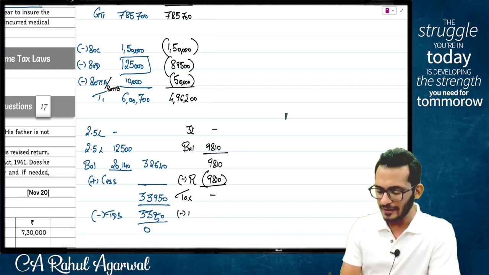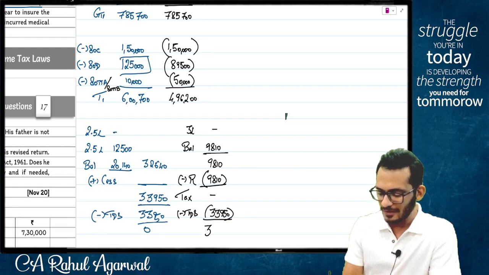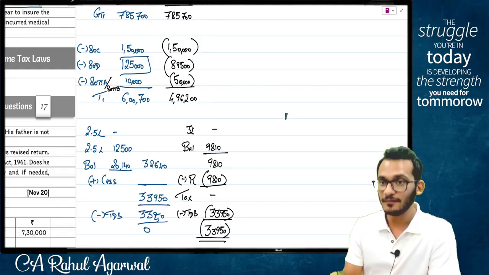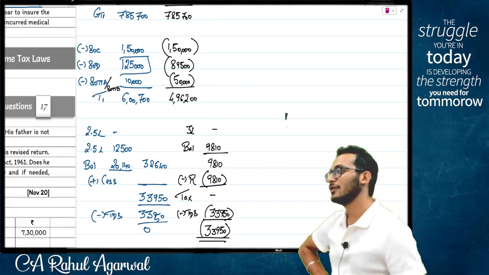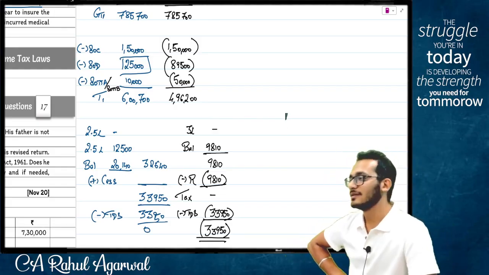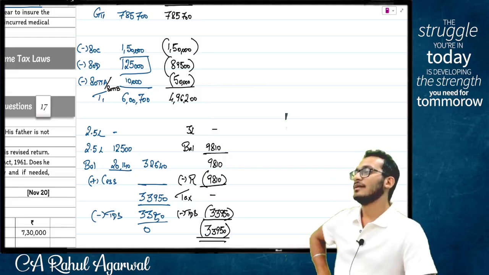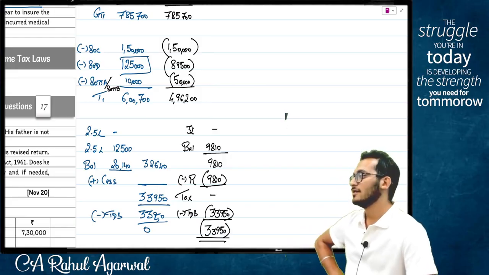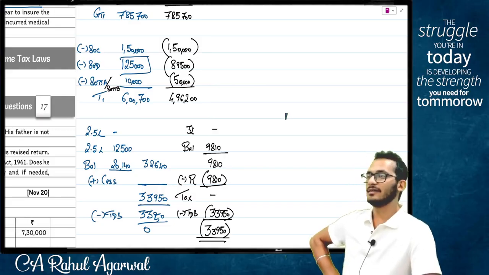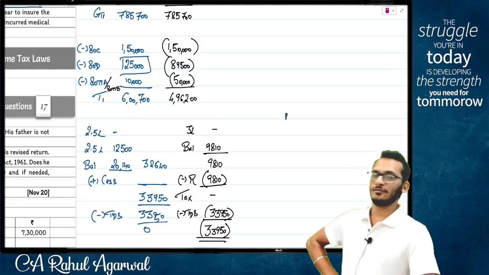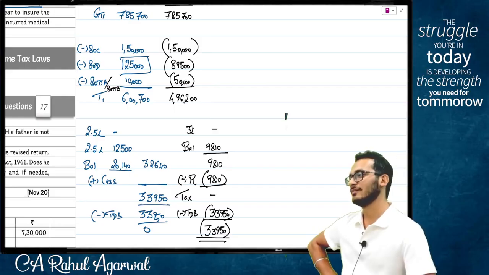But notice I have paid a TDS, which will come back to me fully as refund. Notice, without any efforts, the person has jumped from a tax payable of 33,000 to a refund of 33,000.